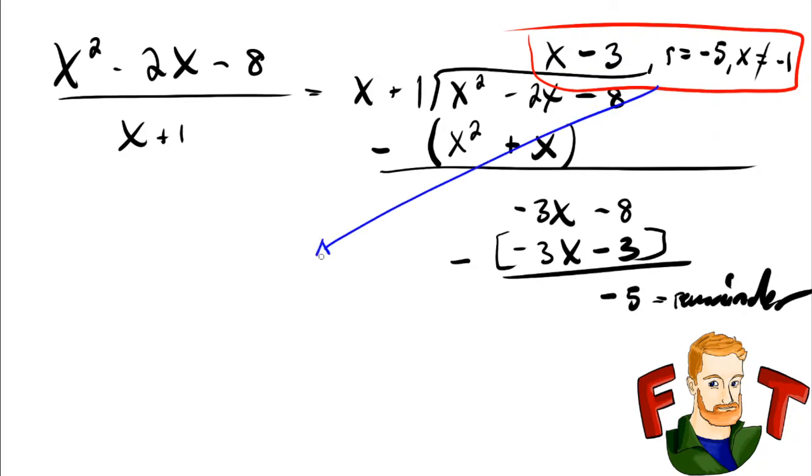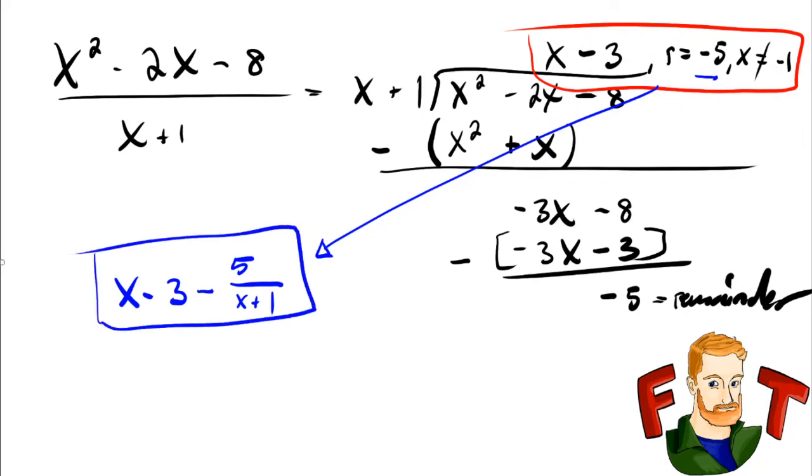It's going to be like this. X minus 3. And then the remainder is negative 5, so minus 5 over x plus 1. So that is the actual thing that we're going to enter in.